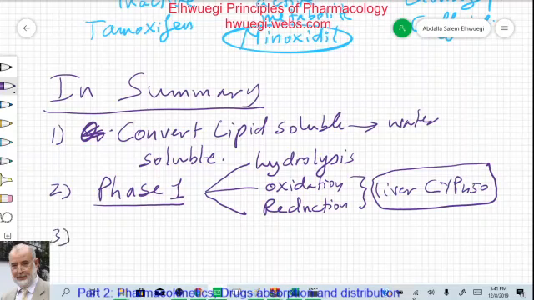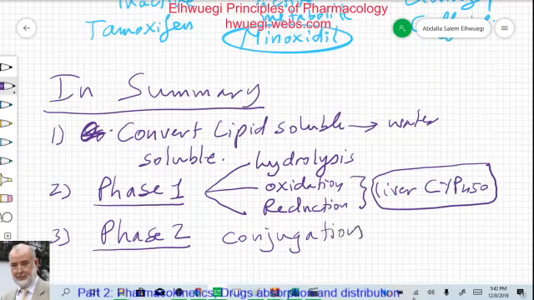Third, phase 2 metabolism, with conjugation with certain molecules to convert a drug molecule to a more polar, high molecular weight form. In many cases, it converts it to a form that can be excreted. In rare cases, conjugation can result in a more active compound.